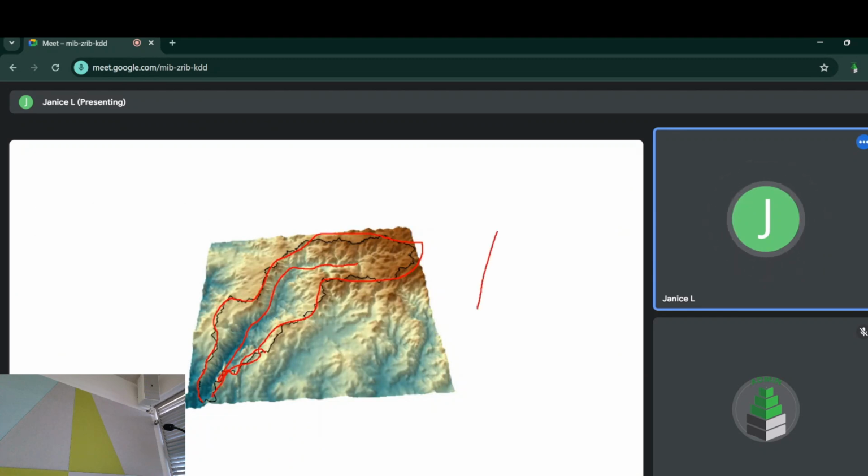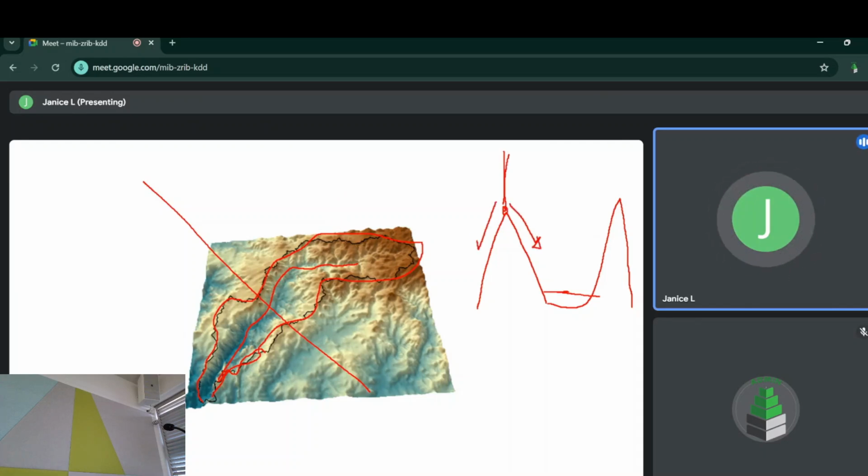It's the logic here. You have a peak, right? This is the highest point. Say, for example, we took a section, we cut this mountain range or valley in half, and you got something like this, right? You got the valley underneath, maybe there's a river there, but you got the 2 peaks. That's what the drainage divide is looking at. When rainwater comes down here, it's going to go either this way or that way.